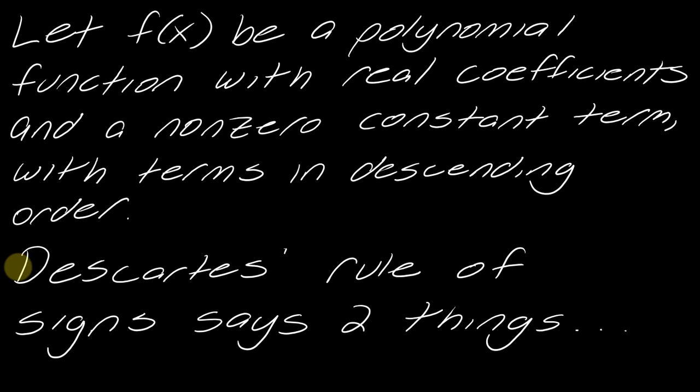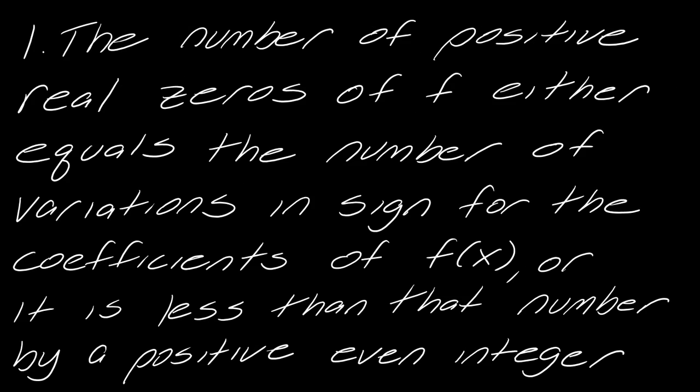Descartes' Rule of Signs says two things. I really think of it as two different tests with some slightly complicated ways to interpret the results. The first test says the number of positive real zeros of f either equals the number of variations in sign for the coefficients of f of x, or it is less than that number by a positive even integer.